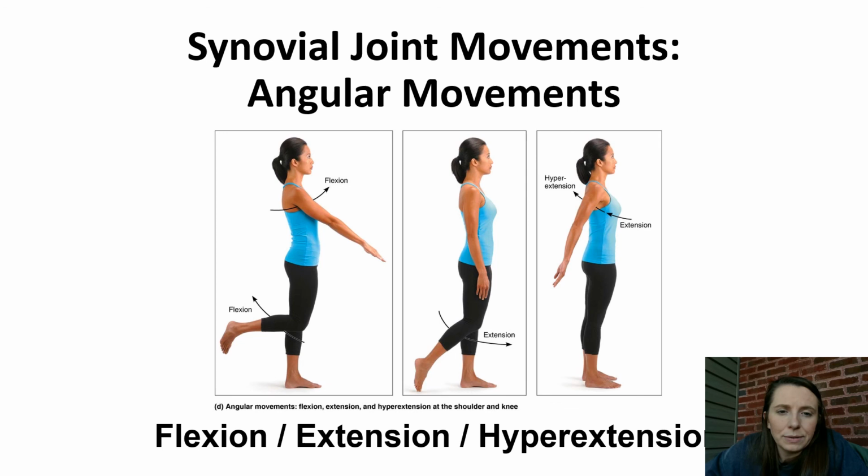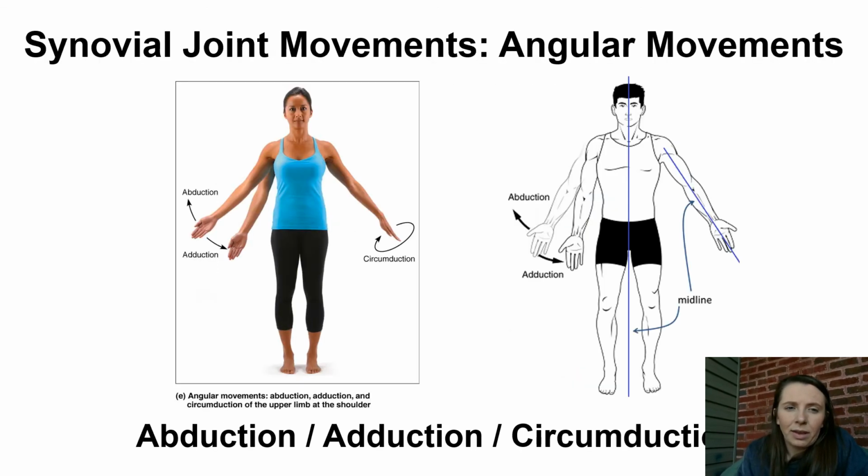And then to flex the shoulder, you'd be bringing your arm from the neutral position to the forward position. And then to extend the shoulder joint, you would be pulling your arm behind your back, and the farther you can go would be considered hyperextension.